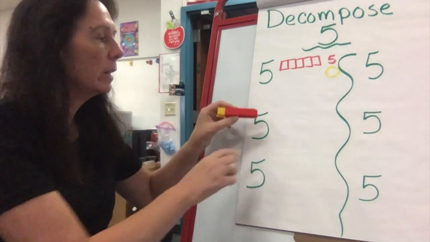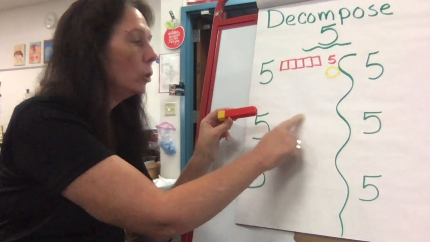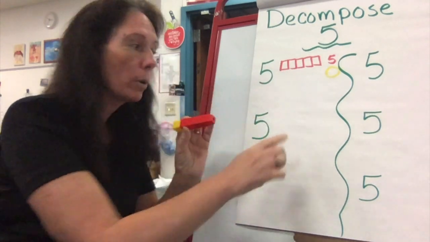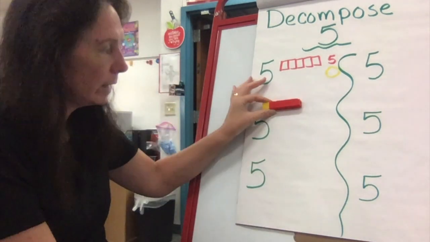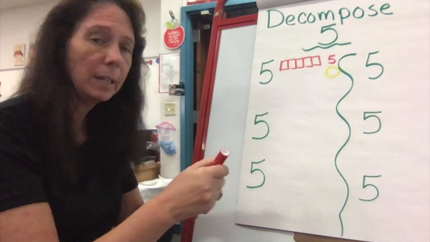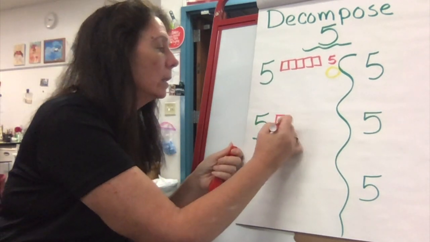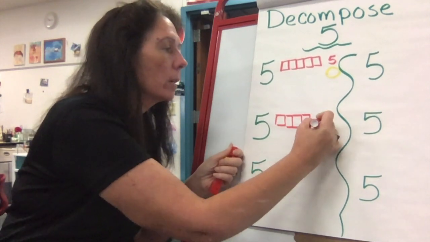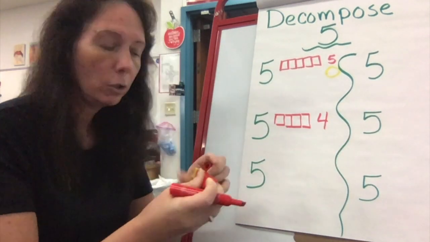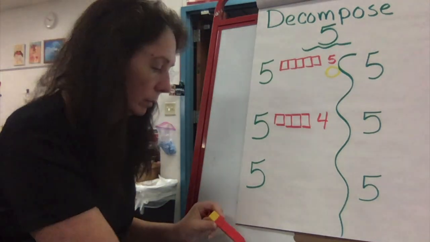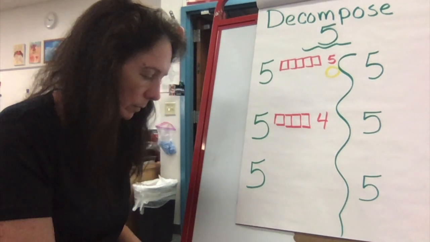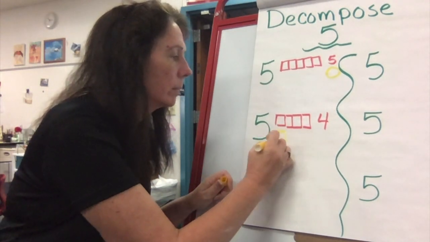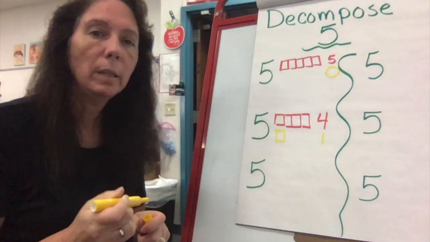So when I think about the number 5, the two numbers that are broken apart into the number 5, if I look at this, I can see that I have 1, 2, 3, 4 red cubes, and I have 1 yellow cube.